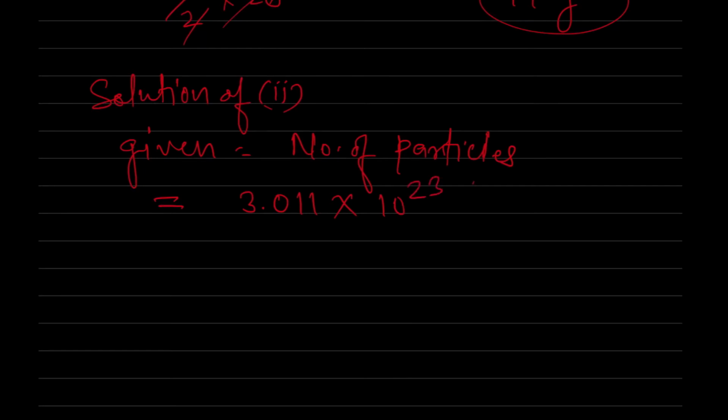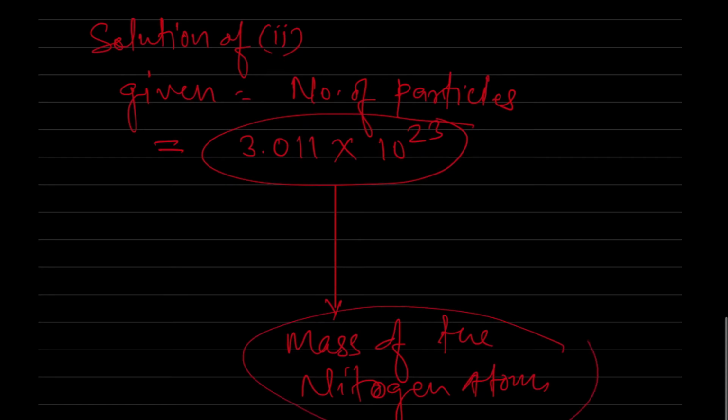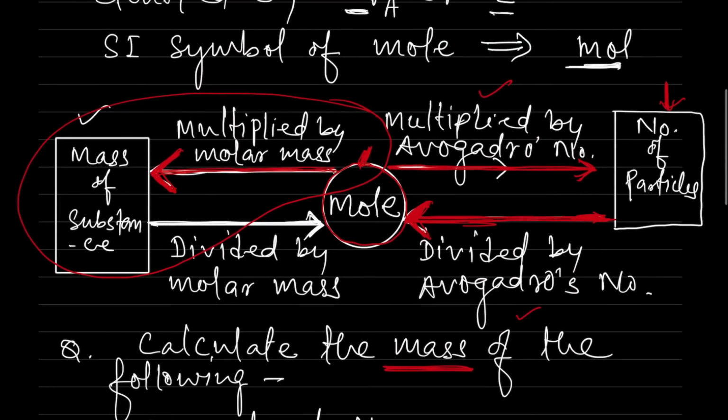So number of particles are given and they are asking about the mass of the substance, mass of the nitrogen atom. See, we have given the number of particles and the question is asking about the mass of the nitrogen atom. So first of all, with this relationship we have to convert this number of particle into mole.